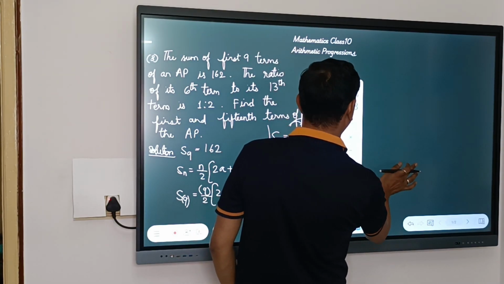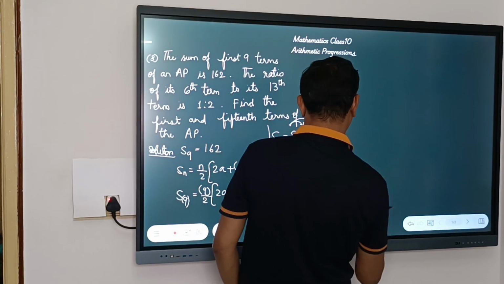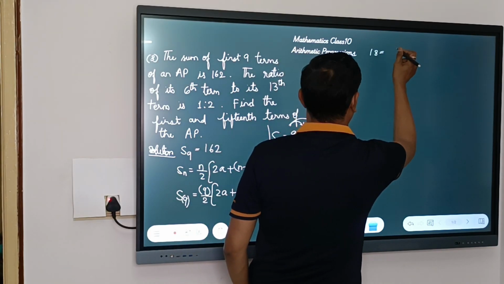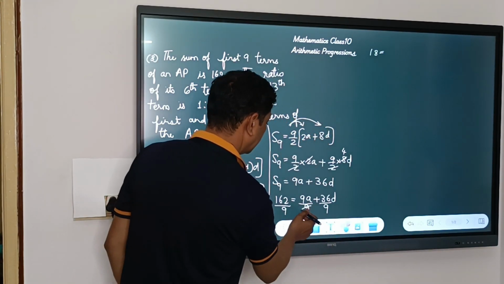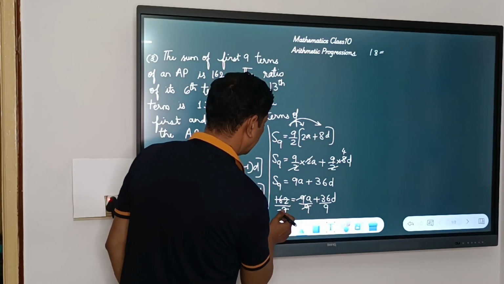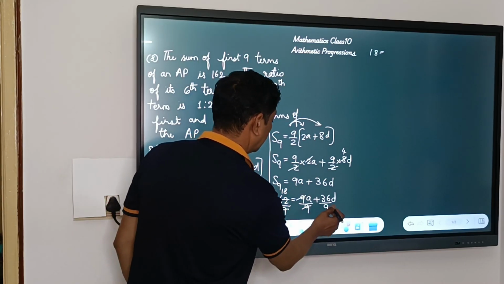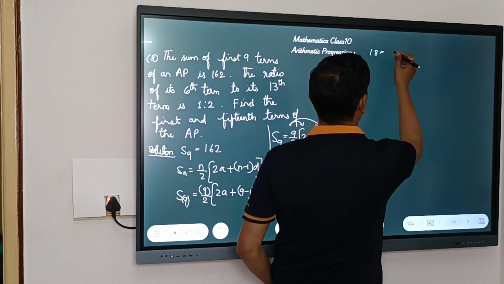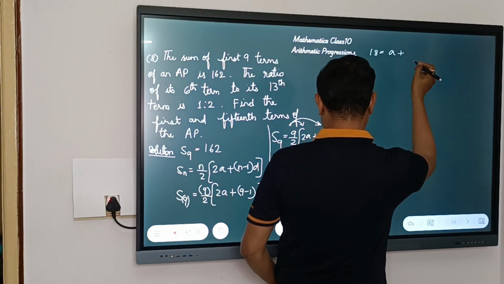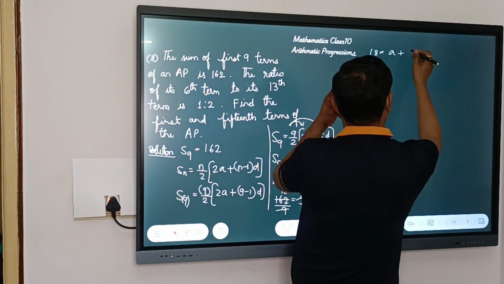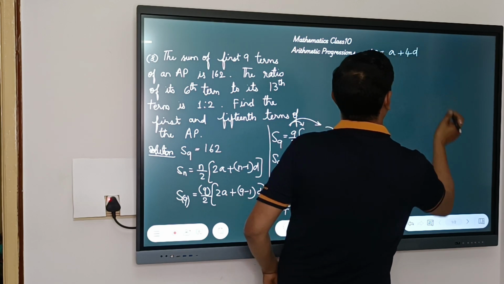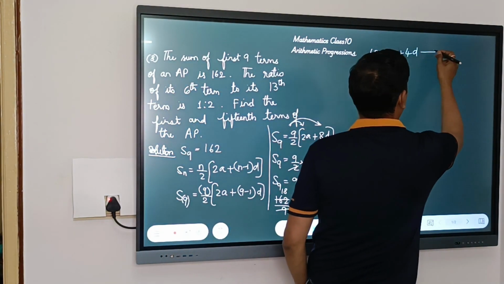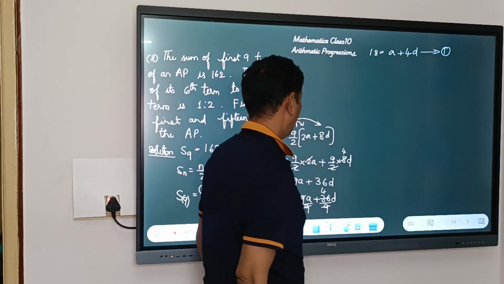The 9 and 9 get cancelled, so 9a gives a and 36d gives 4d. We get 18 is equal to a plus 4d. Is it clear? This is equation 1.